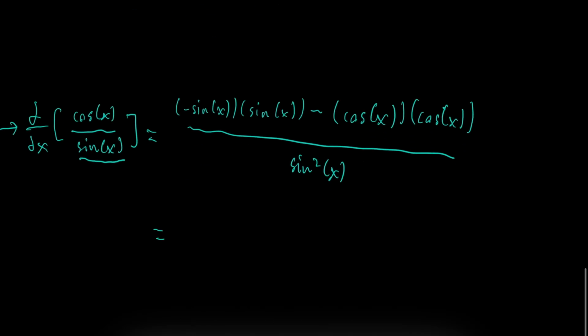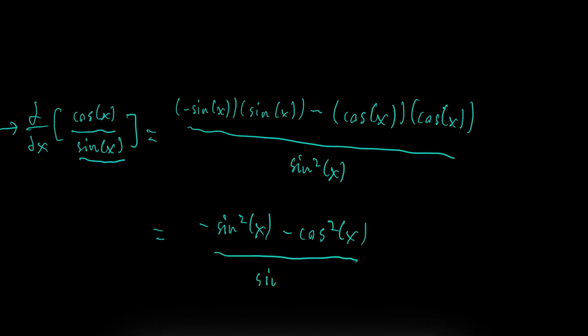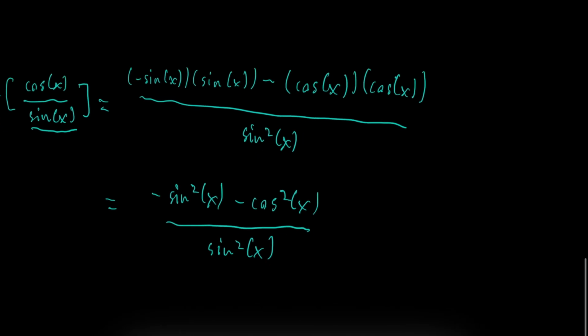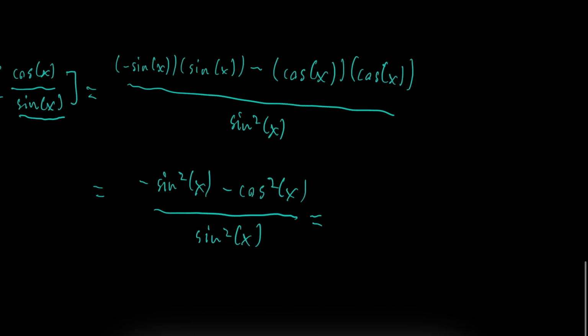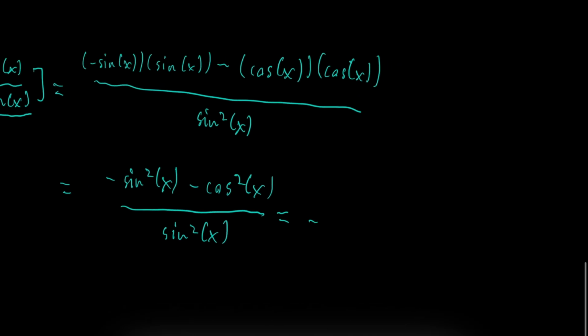And we can simplify this further to negative sine squared of x minus cosine squared of x over sine squared of x. By now you probably can see how this is similar to the derivative of tangent of x, right? We can factor out the negative 1 from the numerator to get negative, sine squared of x plus cos squared of x, right?